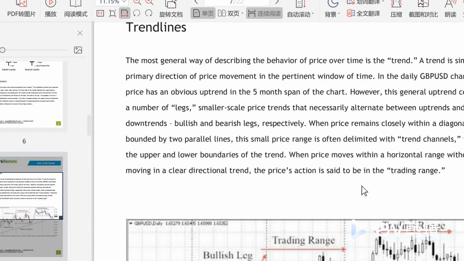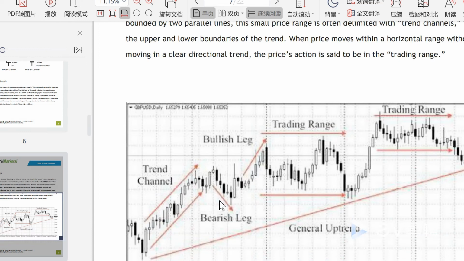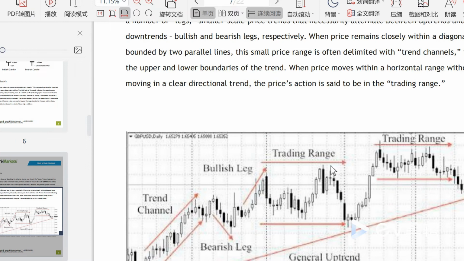Then what you have to learn is also about simple trend lines. A lot of traders draw a lot of charts, so they have to understand how to apply all these technical indicators. What they're going to do is draw a trend line. Here you see this trend line, bearish leg, bullish leg, trading range.